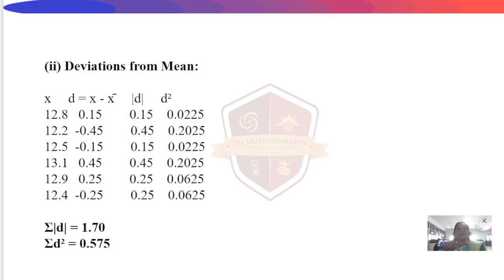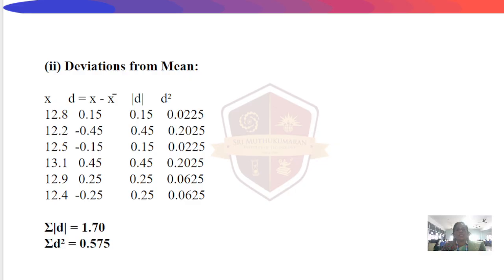Next, we calculate deviations. Deviation means the difference between each reading and the mean value. So deviation is calculated as d equal to x minus x bar. For 12.8, deviation is 12.8 minus 12.65, which is 0.15. For 12.2, deviation is 12.2 minus 12.65, which is minus 0.45.